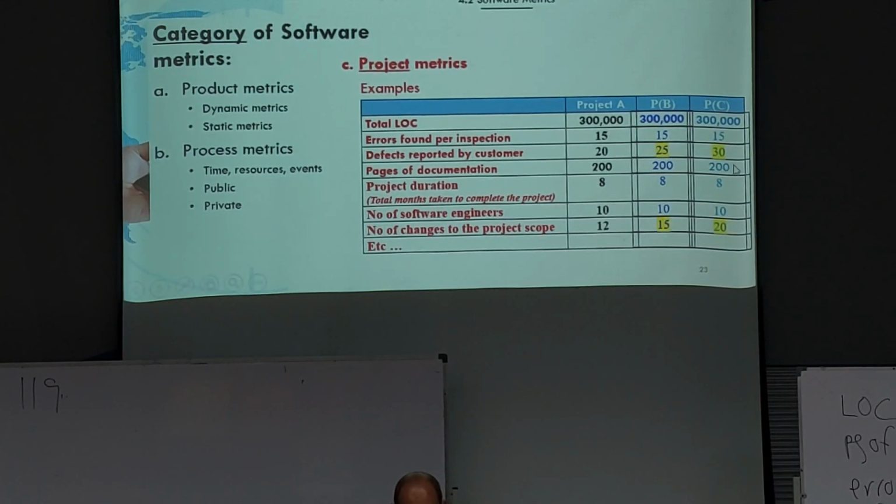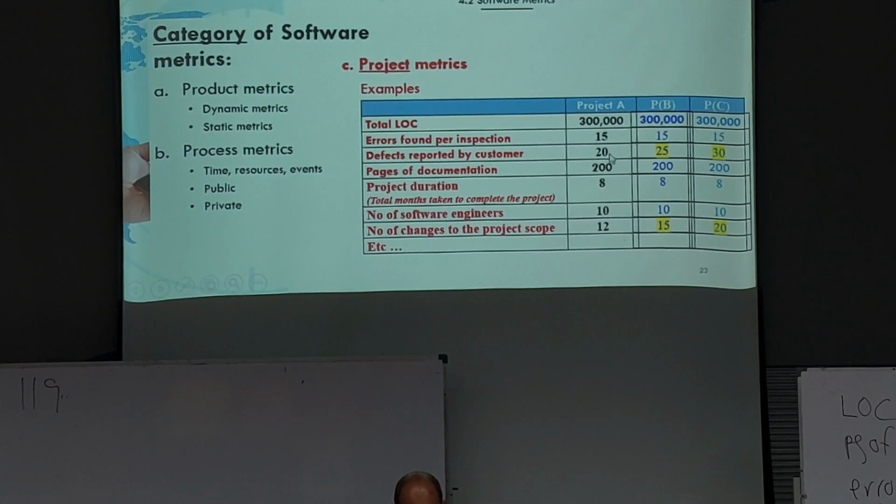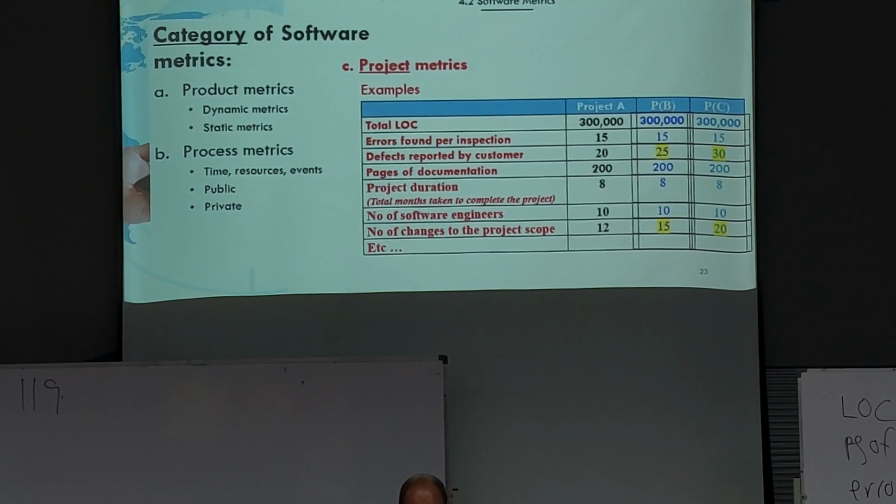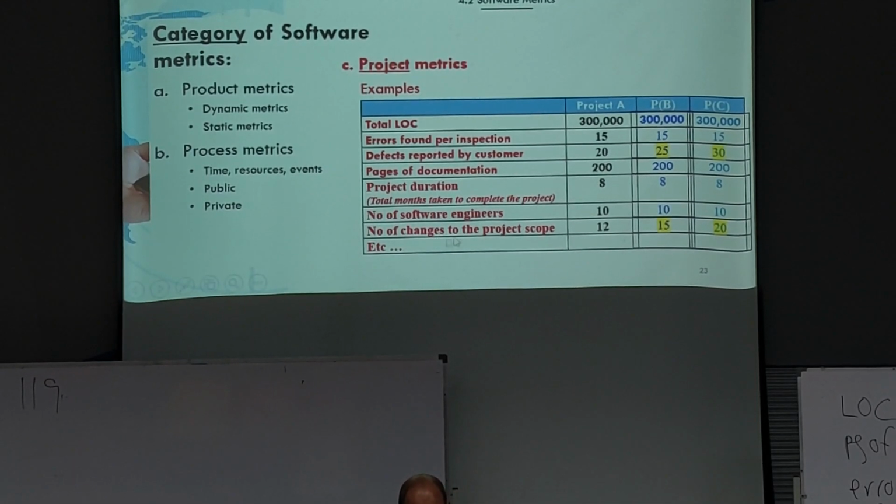Based on what I've highlighted here, defects reported by customer is increasing from one project to another project. The number of changes to the project scope is also increasing from project to project.